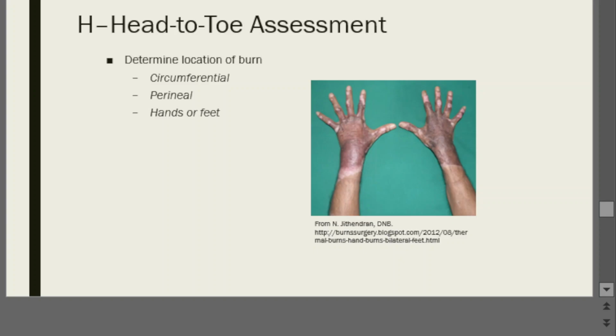We need to get them on the proper antibiotics. And then hands and feet, they have a lot smaller vasculature, so there can be some perfusion issues with this. They'll need lots of intense rehab, and they can have some lifelong consequences of that.